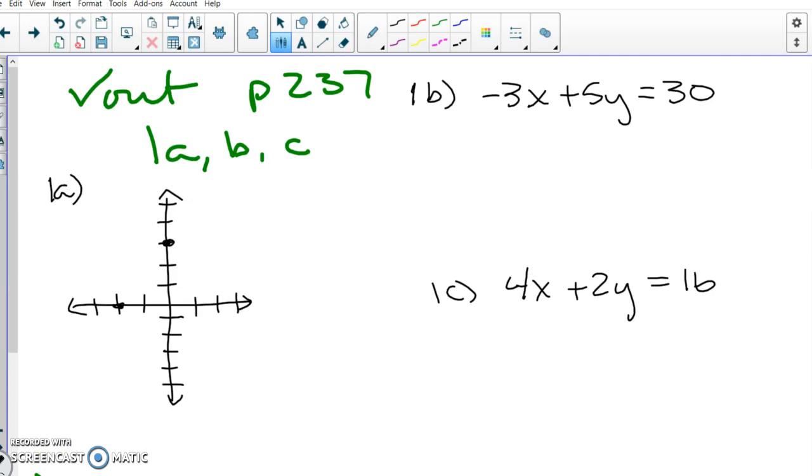Let's first start with check it out problem 1A. You can see that they have this graph and they're asking find the x and y intercepts. Well, this is the simplest time that you'll find x and y intercepts. We simply locate the y and the x axis. So the y axis running vertically, we look to where the line intersects, and we can see it is at the point 0, 3.